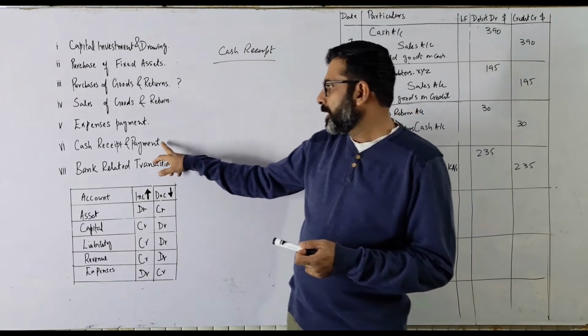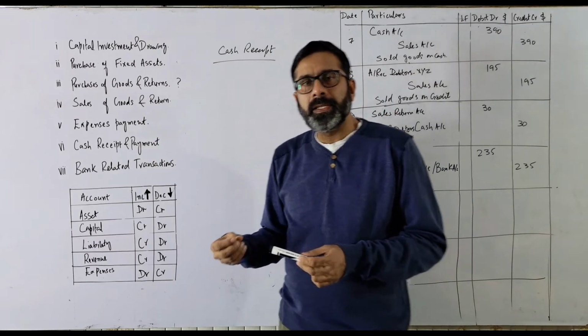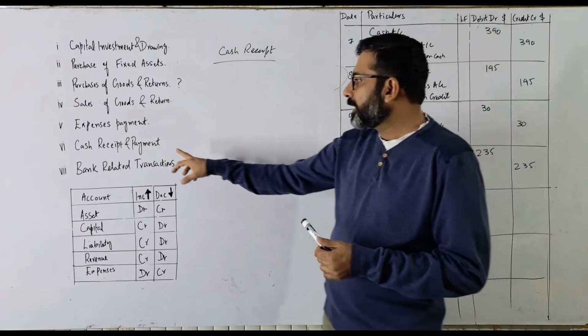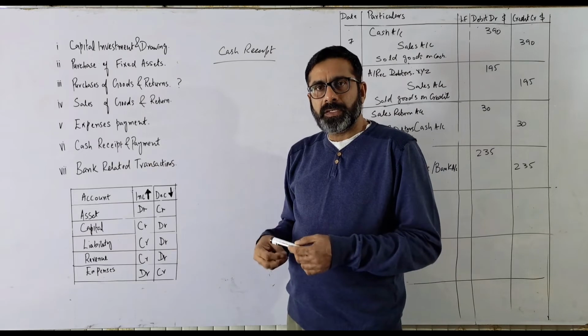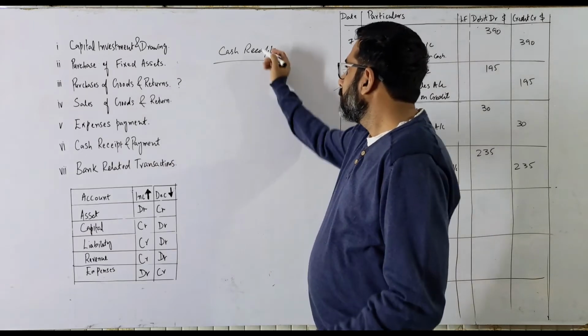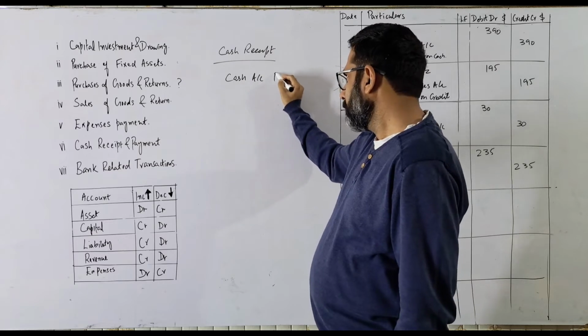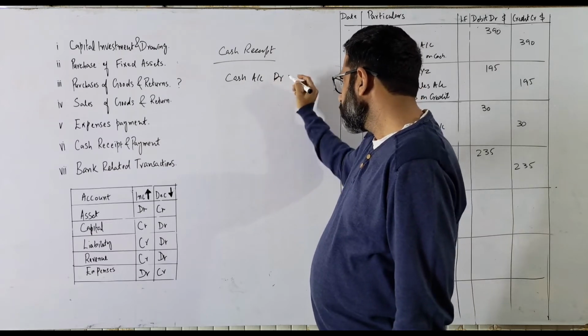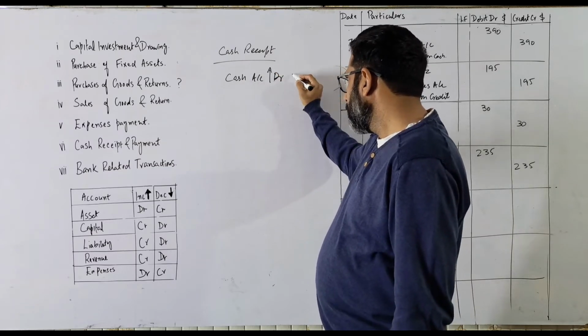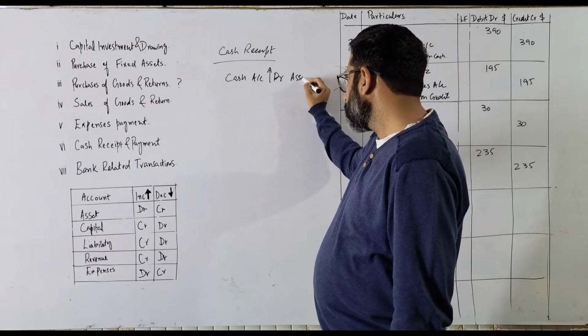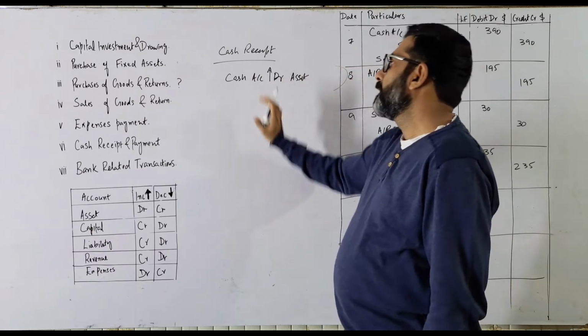In that case, the cash will be debit because cash is increasing, and because it is an asset and an asset increase is debit.